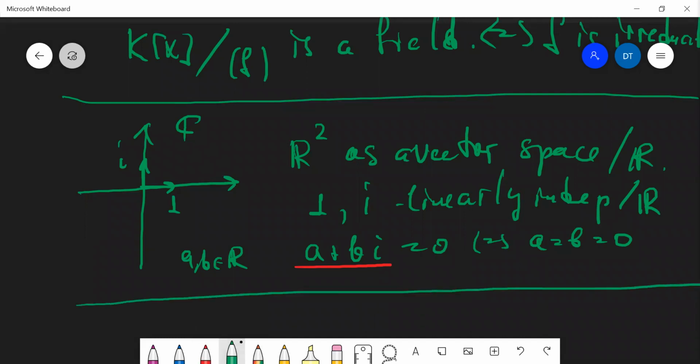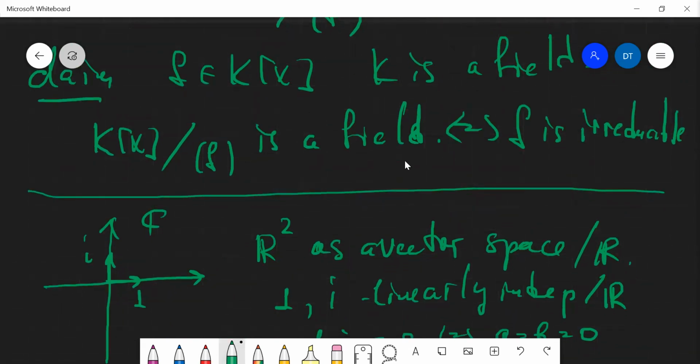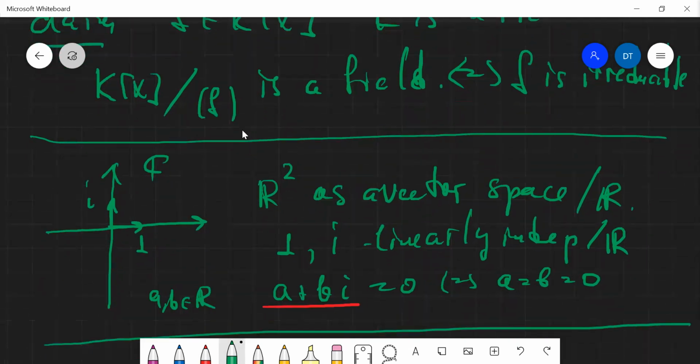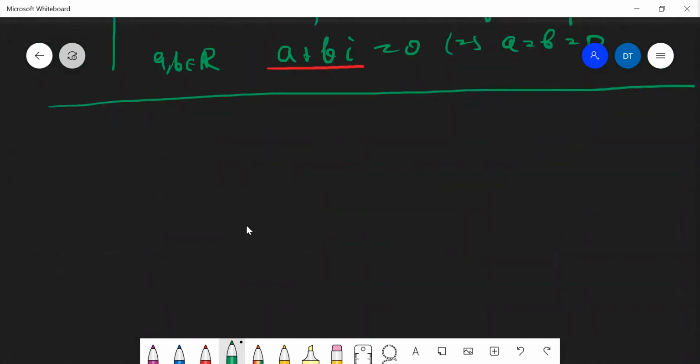Okay, no problem. So now I want to discuss how to prove this claim. Let's take f from K[x].